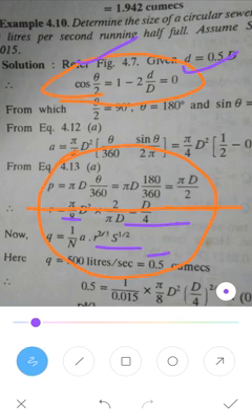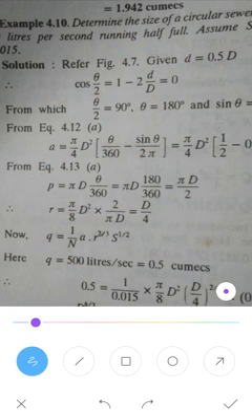Be careful, note down very clearly. You should know a few other things, some trigonometric conventions. So theta by 2 is 90 degree when it is running half.